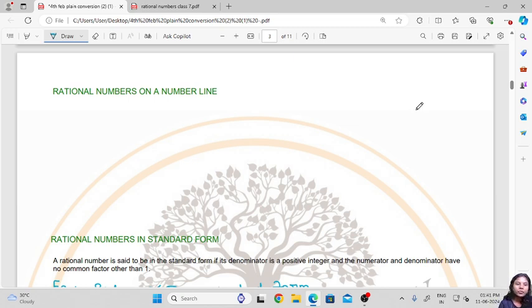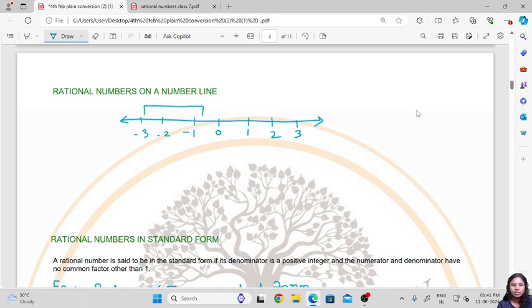Now we already know how we denote a number line. Say we have a number line with 0, 1, 2 and 3, and on the other side we have -1, -2, say -3.